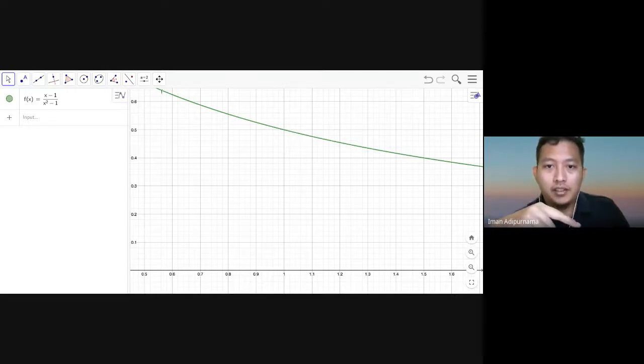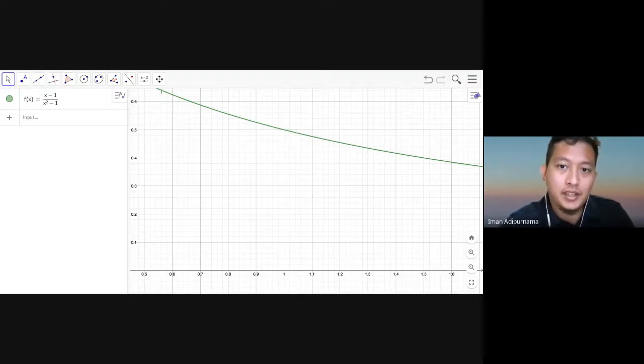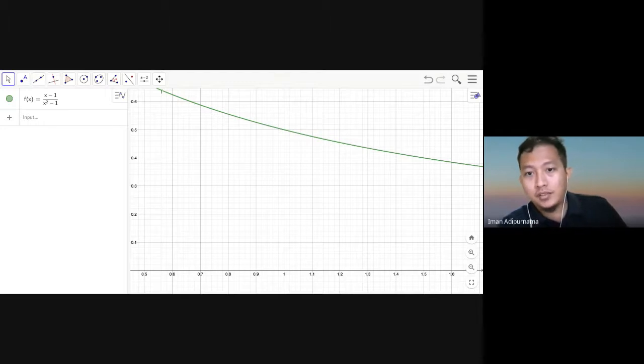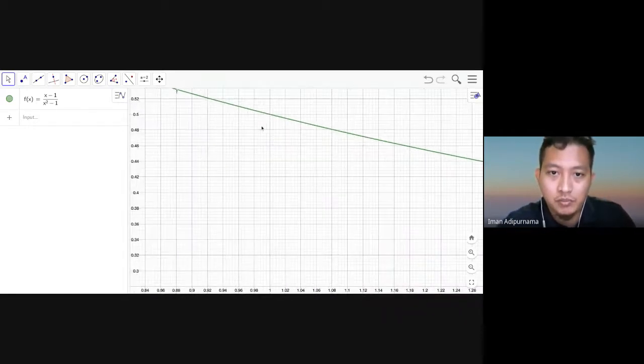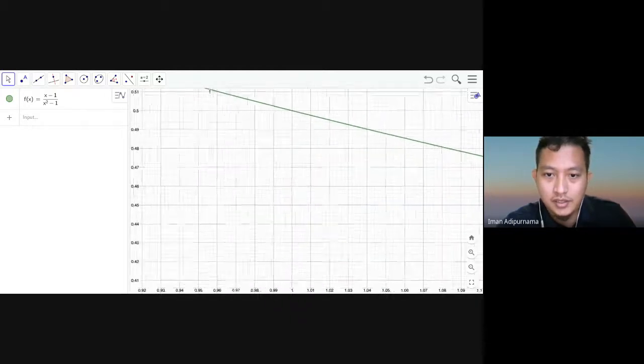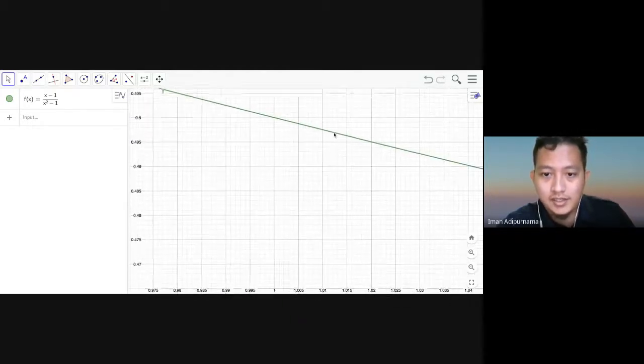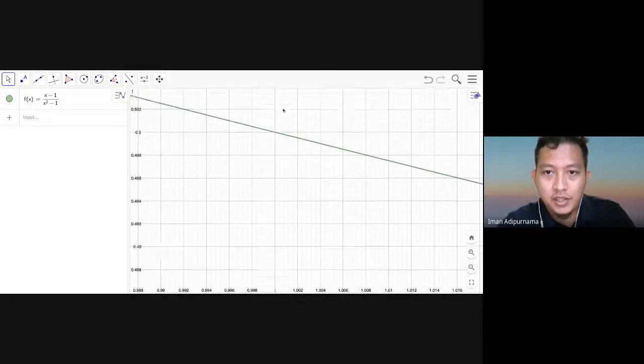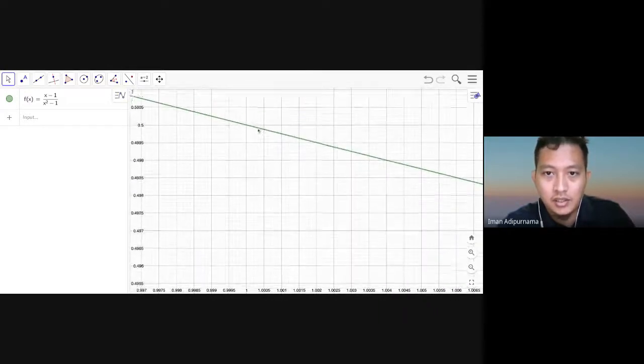But remember what I've said before. If we look back at what we have done, 1.99999 and 2.0001 are really close to 2, and we can say in limit it's 2. But in reality, if we zoom in, this takes quite a while. Zoom in, zoom in, zoom in.